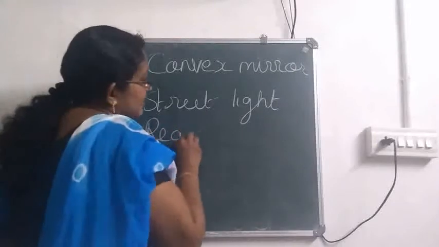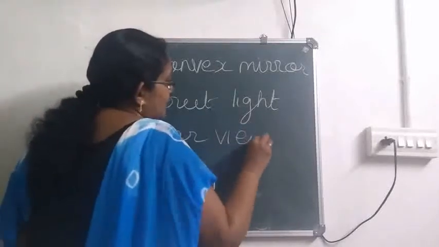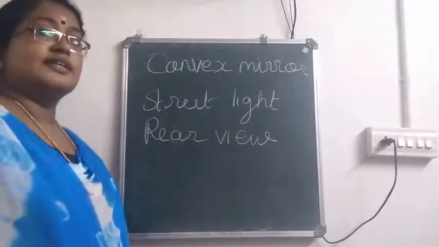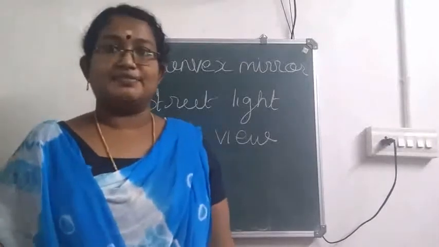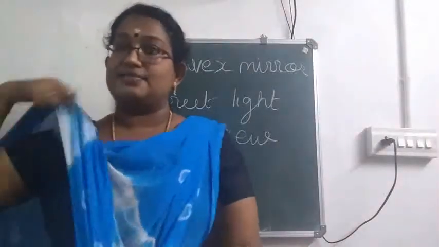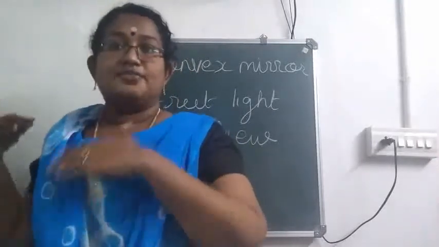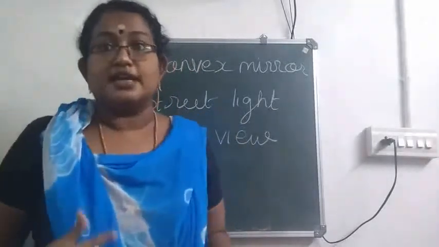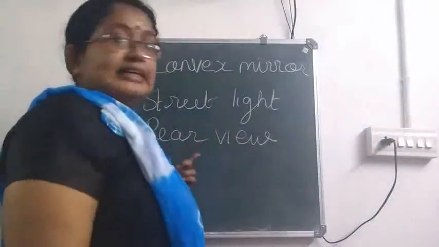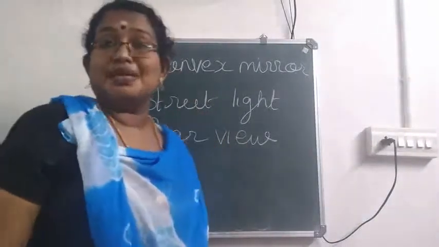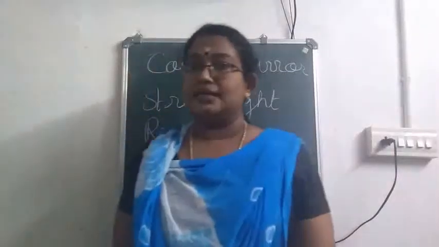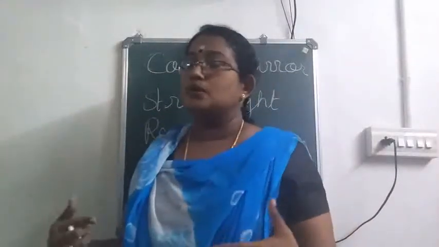Now the second one is, it is used as a rear view mirror. So what is the use of a rear view mirror? In a vehicle, we have the rear view mirror so that the driver can look into the mirror and see the vehicles coming behind him, isn't it? A convex mirror is used as a rear view mirror because its field of view is more.